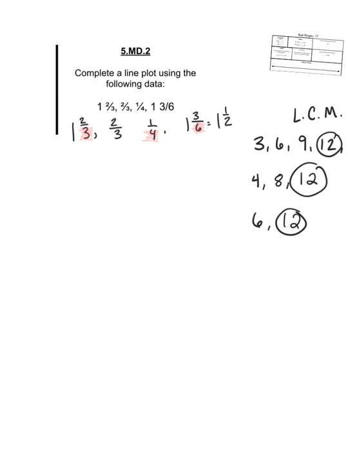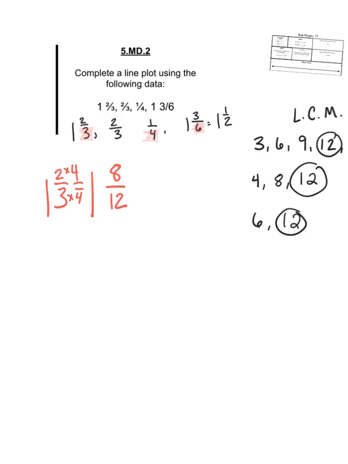Okay. So I'm going to convert 1 2/3 to 1 and something out of 12. So in order to do that, I'm going to multiply my numerator and my denominator by 4. 3 times 4 gives me 12, which is my common denominator, and 2 times 4 is 8. So 1 8/12 is equivalent to 1 2/3.